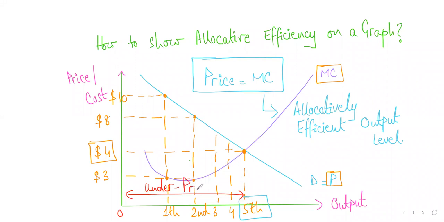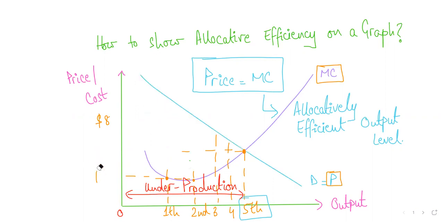You will not want to go into that zone, because then you will start making a loss. But anything less than 5 units in this case would be inefficient, because that is underproduction. Is that making sense? Any confusion, anything that's not clear? So that is what you need to remember.